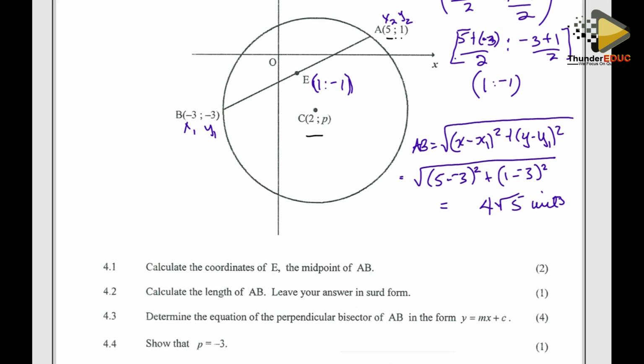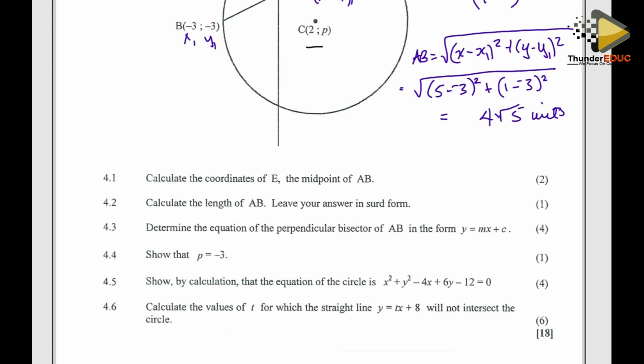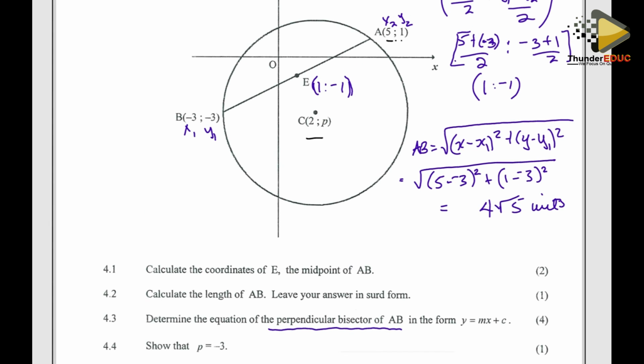Okay. Next question, they want the equation of the perpendicular bisector of AB. When we talk of a perpendicular bisector, it's basically a line that is passing through this point E. It is perpendicular, which means it makes 90 degrees with this line, and it's also dividing the line into 2 equal parts.